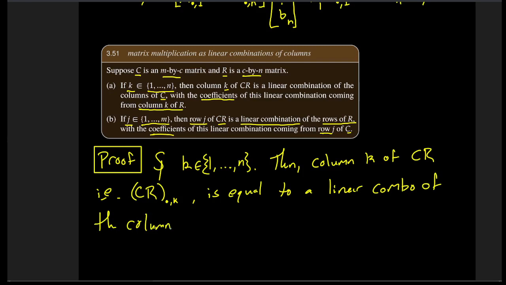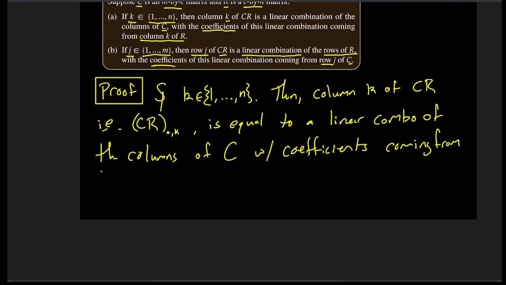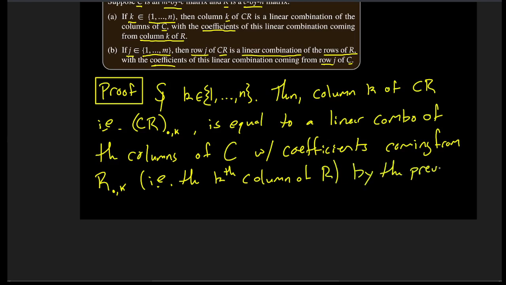The columns of C with coefficients coming from R dot comma k, i.e., the kth column of R, by the previous result.